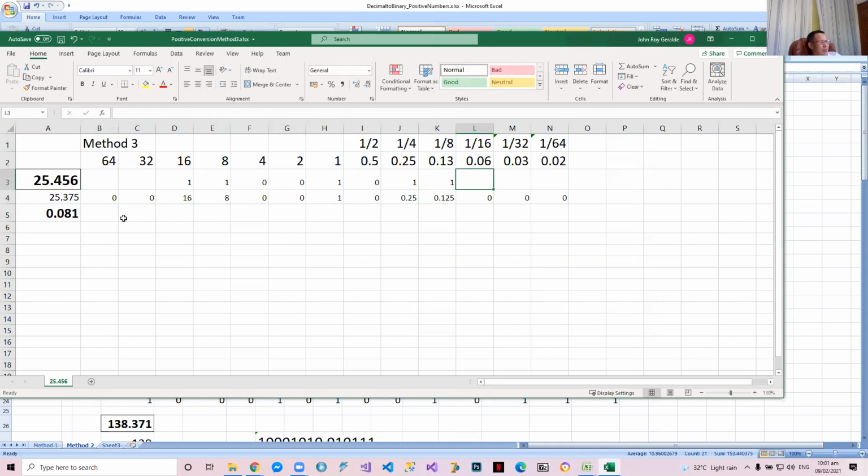Okay? 0.81 we can still pick this because it's 0.06. Okay? 0.01. Can we pick this? Now, if we pick this, it becomes negative. Do you follow? So therefore, our sum becomes negative. So it indicates that we make a mistake. We have just made a mistake. So we change this to 0.